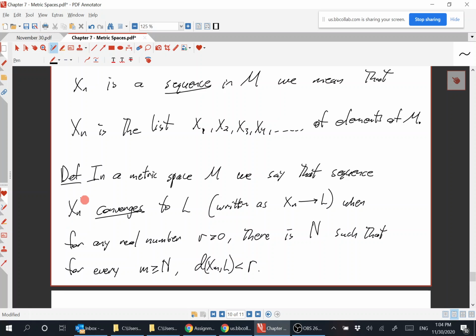We use xn to mean the whole sequence, and xm means a single element in the sequence. Sometimes when you write xn, you mean the whole sequence. Sometimes you mean just a specific element in the sequence. Here we mean the specific element.